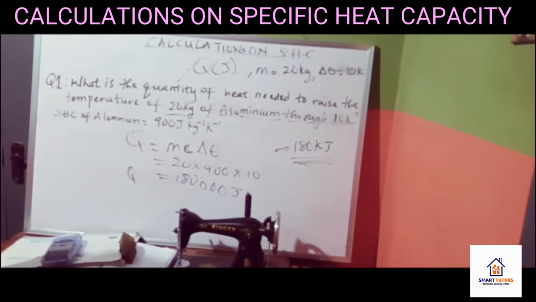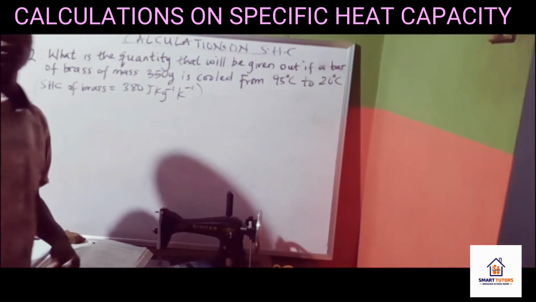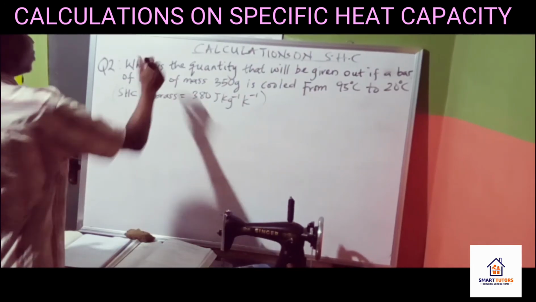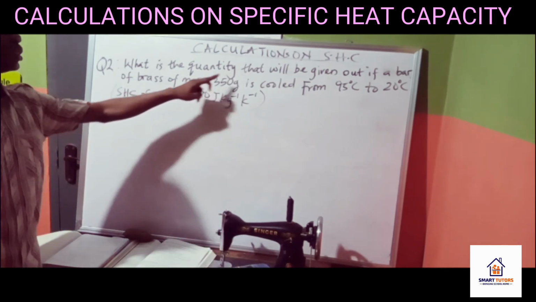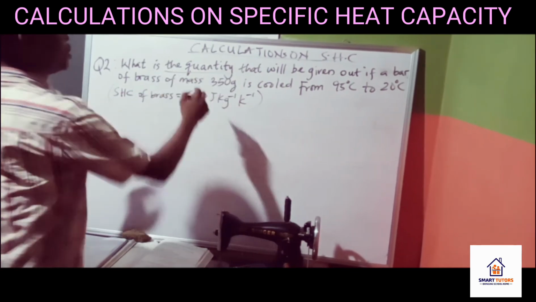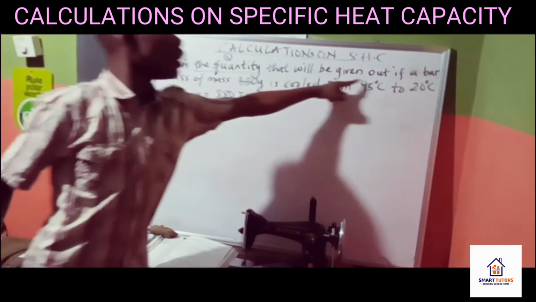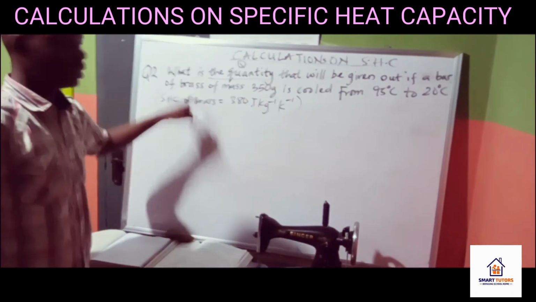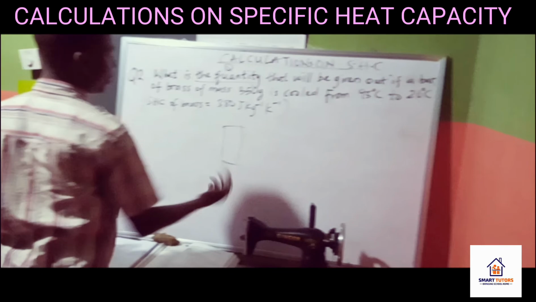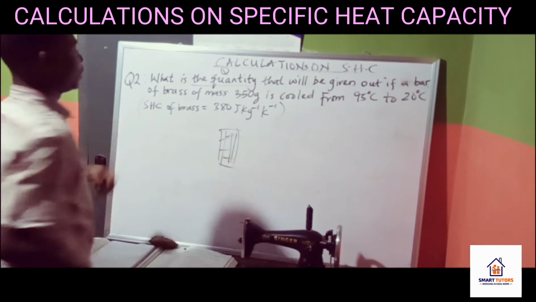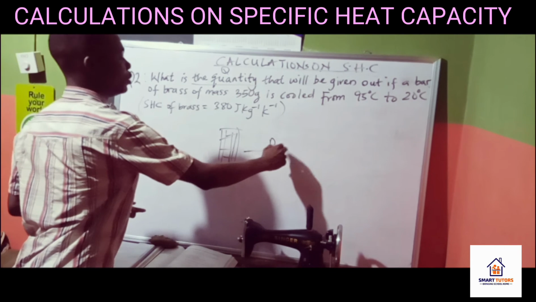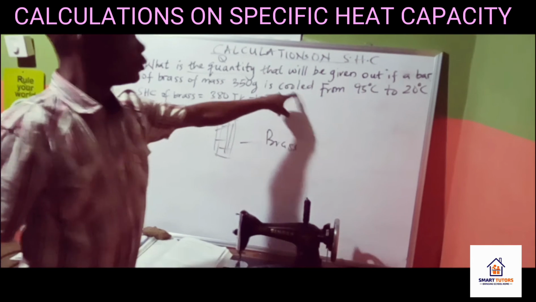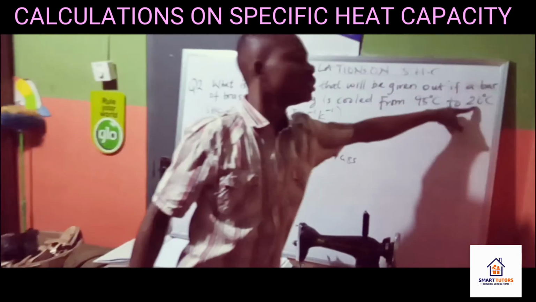Let's solve another question. Look at this question. The next question is, what is the quantity Q that will be given out if a bar of brass of mass 350 grams is cooled from 95 degrees Celsius to 20 degrees Celsius?